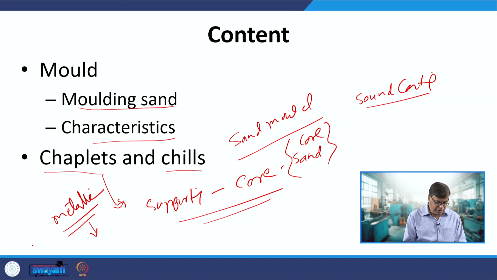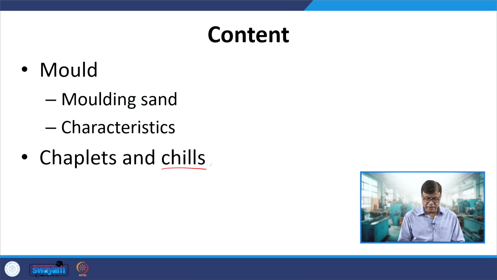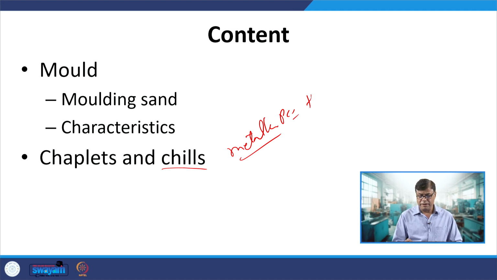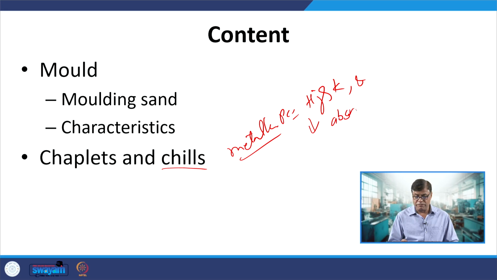On the other hand, chills are metallic pieces of high thermal conductivity and high heat capacity, so that they can absorb a lot of heat from the molten metal.